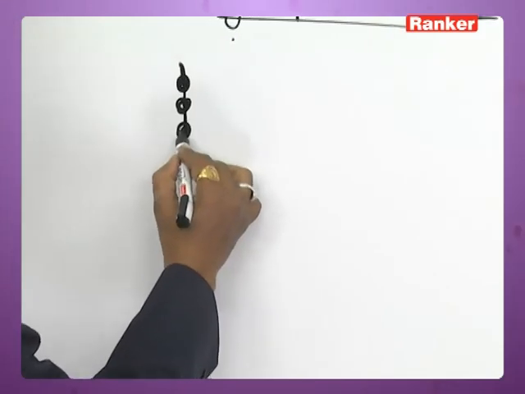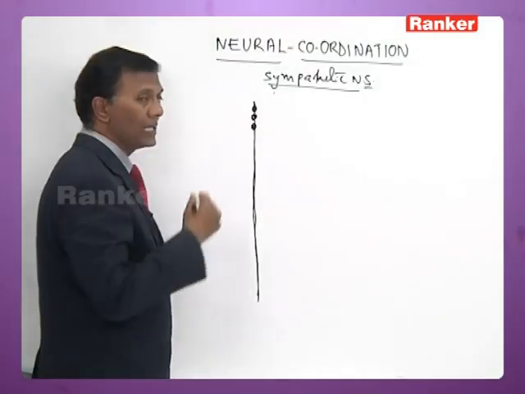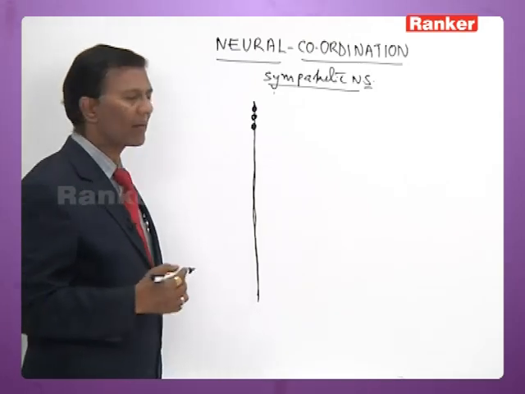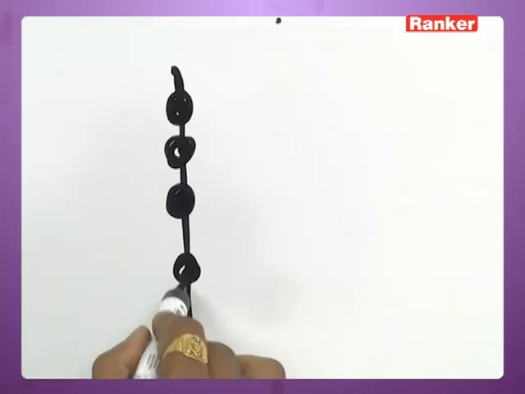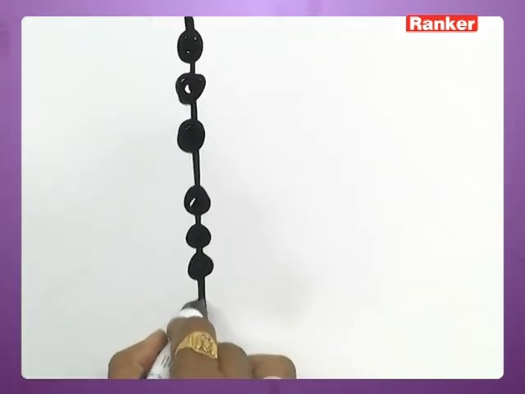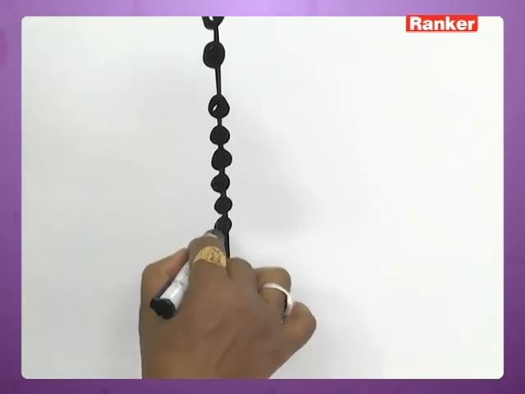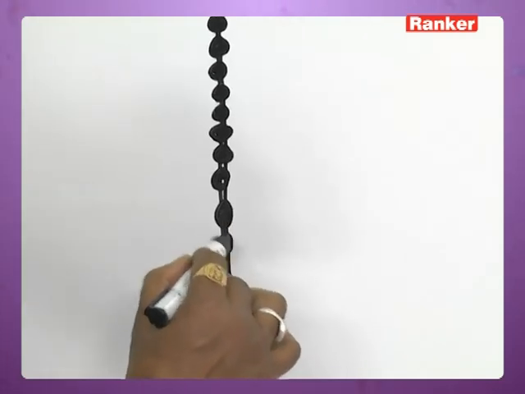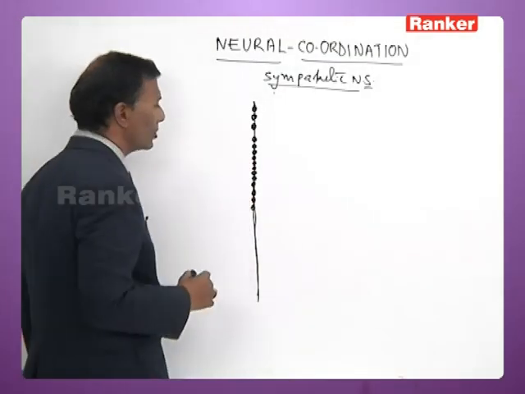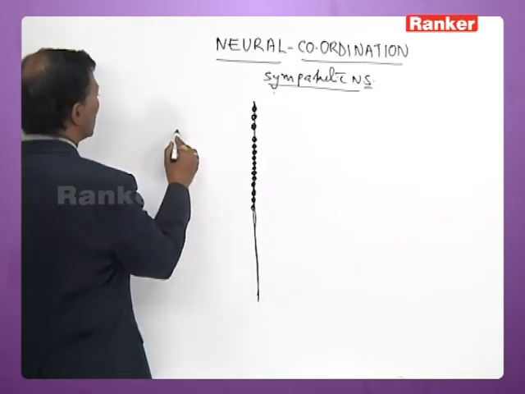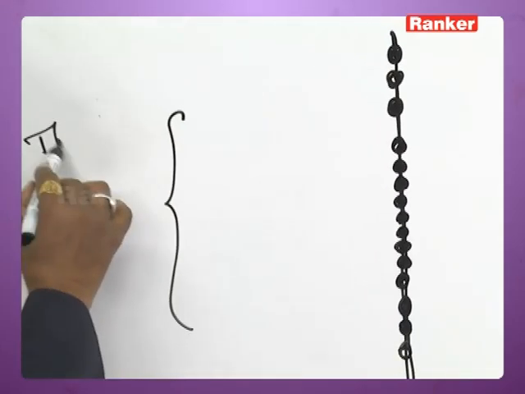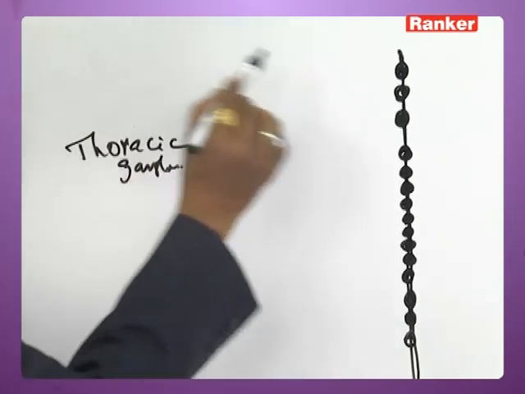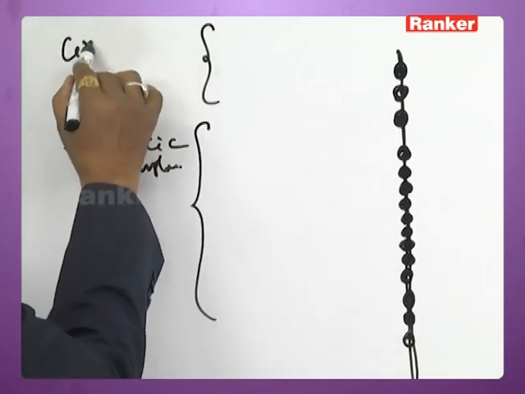So all these are sympathetic ganglions. There are three cervical ganglions: inferior cervical, superior cervical and median cervical. And there are about 12 thoracic ganglions. All these are thoracic ganglions, and these are cervical ganglions.